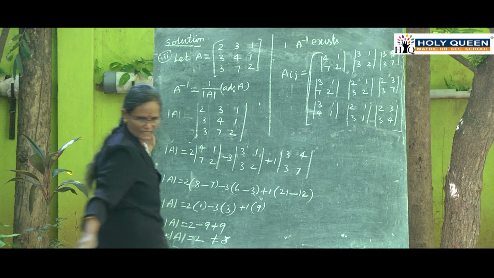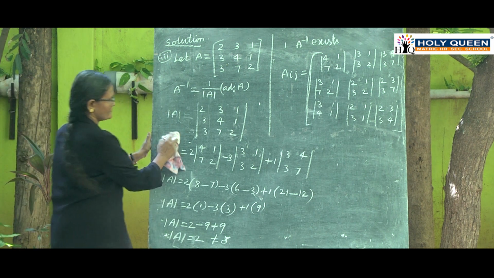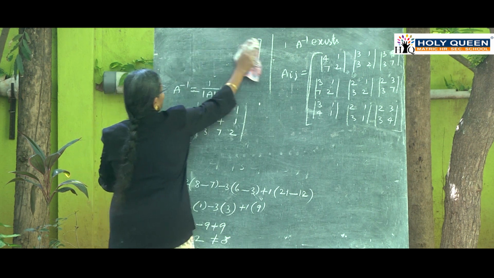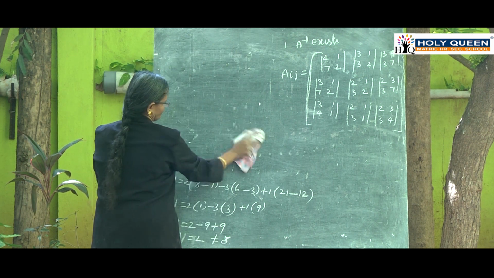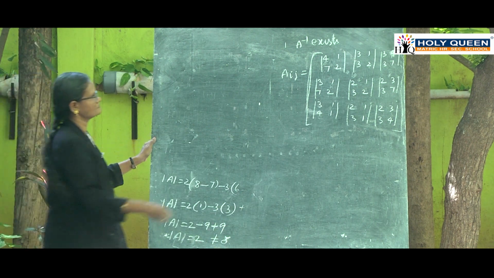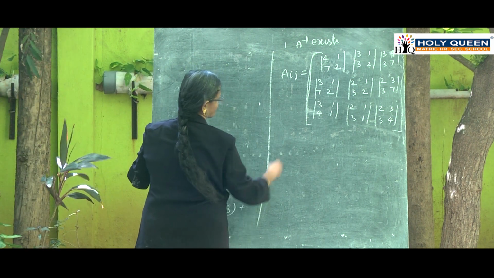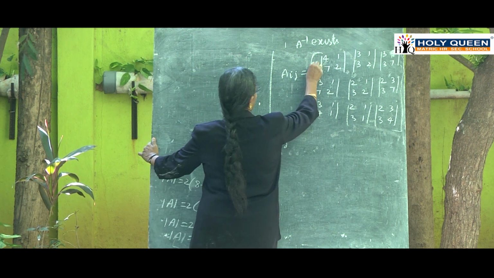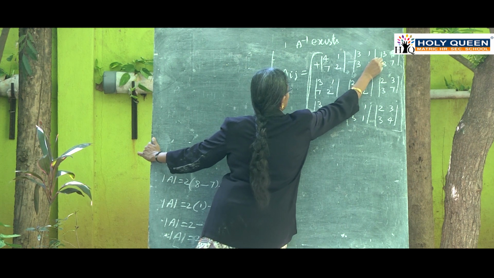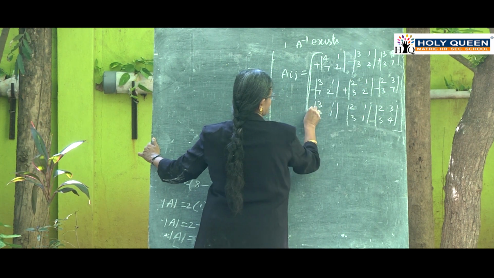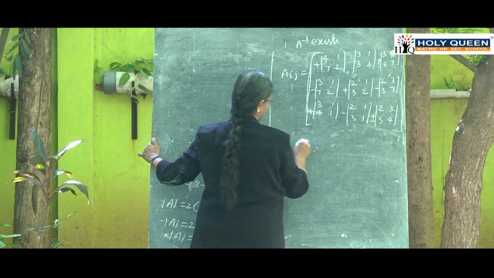Now, Aij, the cofactor matrix. Put the signs here: plus, minus, plus, minus, plus, minus, plus, minus, plus.